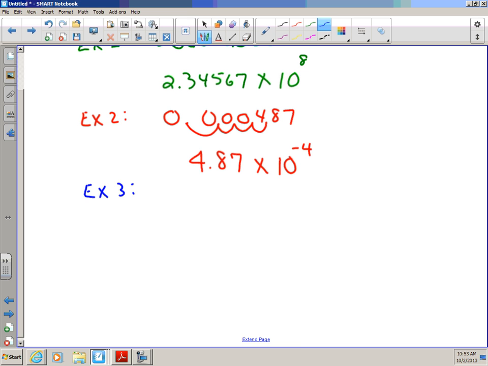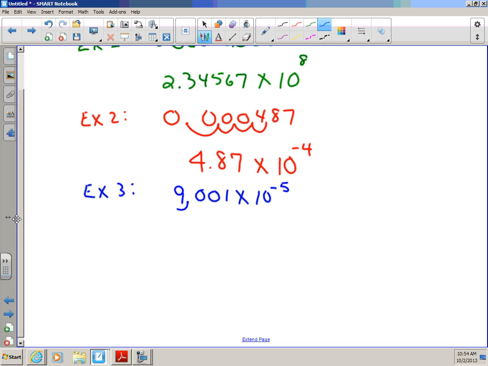Now let's go in the other direction. Let's say I want to take a number that's already in scientific notation and I want to convert it to standard form. So I have 9.001 times 10 to the negative fifth power. Well, 10 to the negative fifth power is telling me the number is going to be small or get smaller. So to make a number smaller, I'm going to move my decimal to the left.